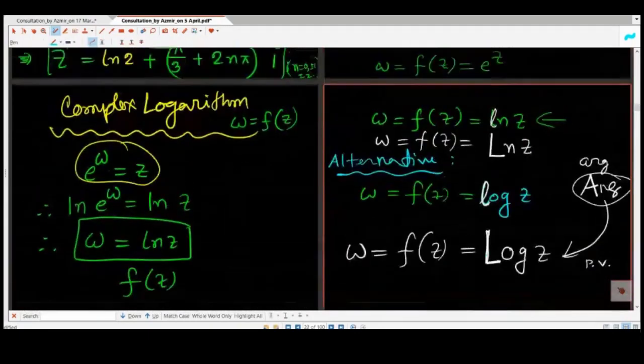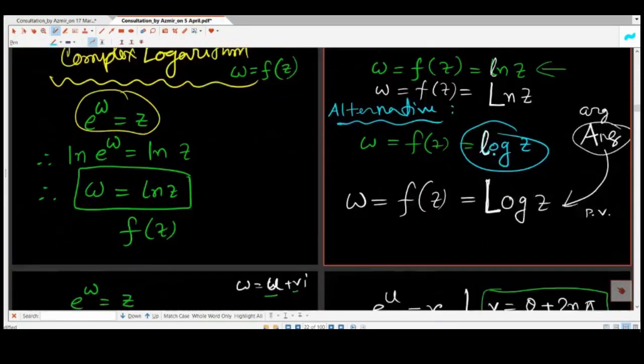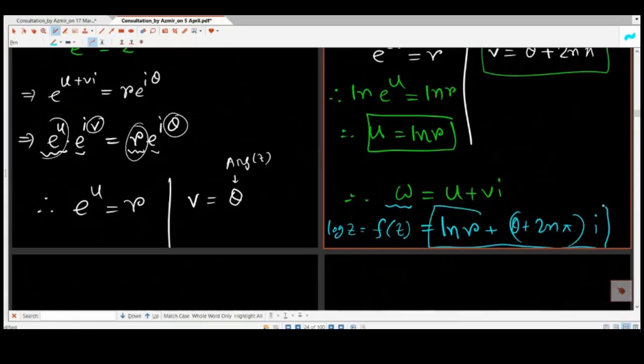We have already established that w equals natural log z. We have these notations. So we can say this w equals f of z, which is log z. So log z equals this quantity.